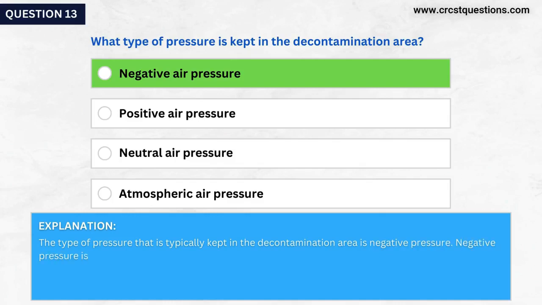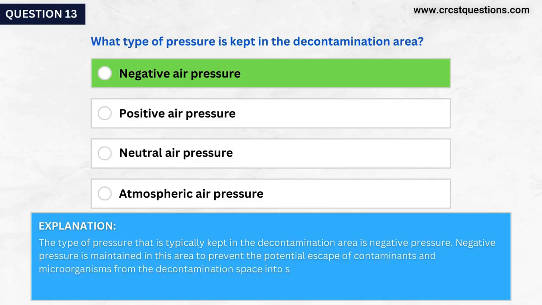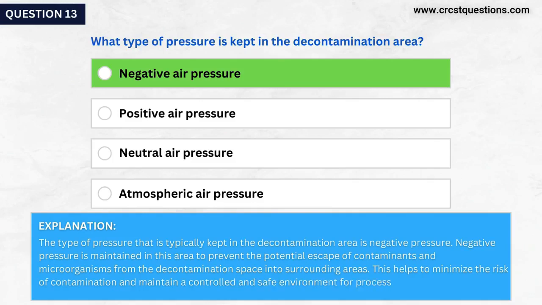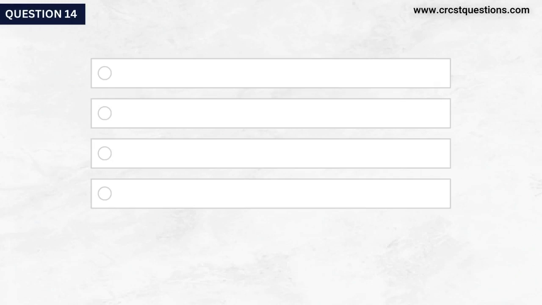Negative pressure is maintained in this area to prevent the potential escape of contaminants and microorganisms from the decontamination space into surrounding areas. This helps to minimize the risk of contamination and maintain a controlled and safe environment for processing contaminated items.